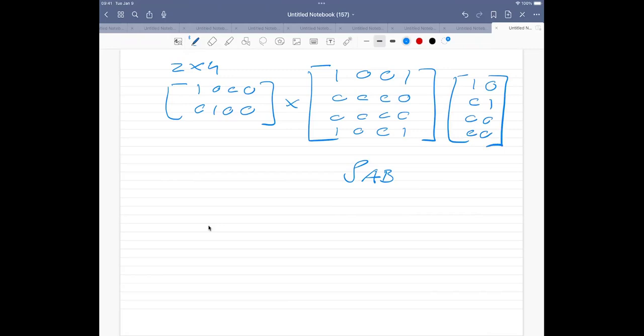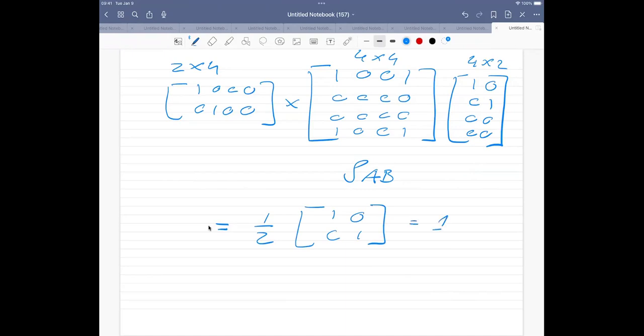And if I write it out, this is going to be given by 1/2. So I have a 2 times 4, a 4 times 4, a 4 times 2. So this gives me a 2 by 2 matrix at the end. And when I do the algebra, what I get is 1, 0, 0, 1.